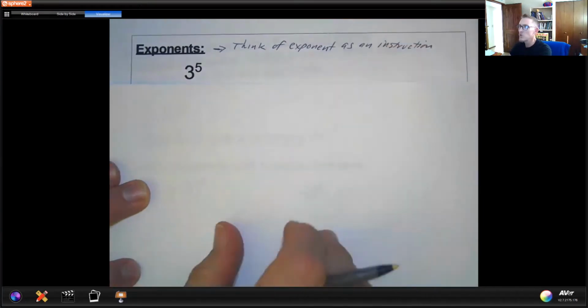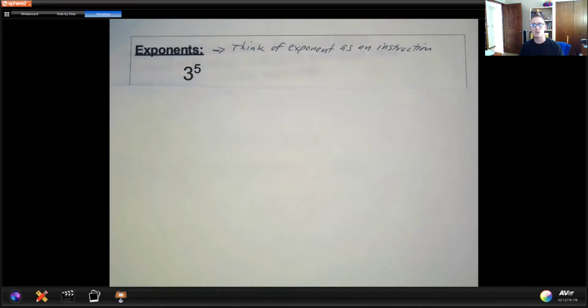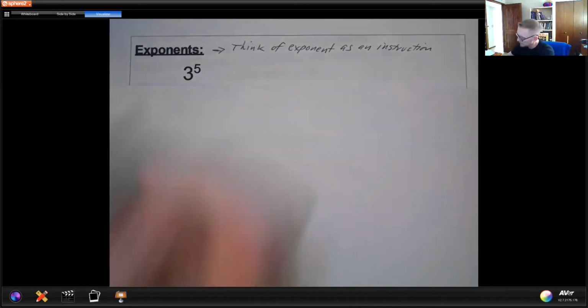So I want you to make sure that as we think about them, we think about an exponent as it's telling you to do something. Don't necessarily think about the number or an operation as much as the instruction, because that instruction is going to change based on the situation. Okay, and as we go further through this unit, I think you'll understand what I mean there.